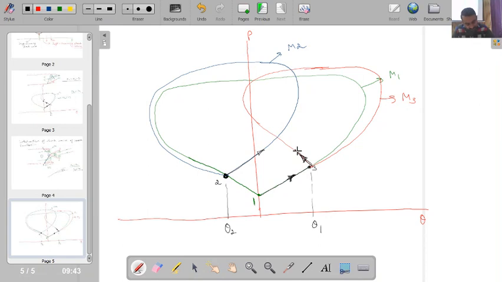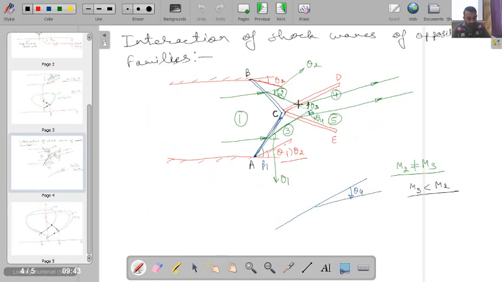So I will be finding that both of these actually will meet at a common point. If you travel from here theta 3 distance, and if you travel from here theta 4 distance, you will find this as nothing but your common point. Okay, and this particular common point will designate the states behind this shock wave and this shock wave. So it means it is designating my state 4 and state 5.